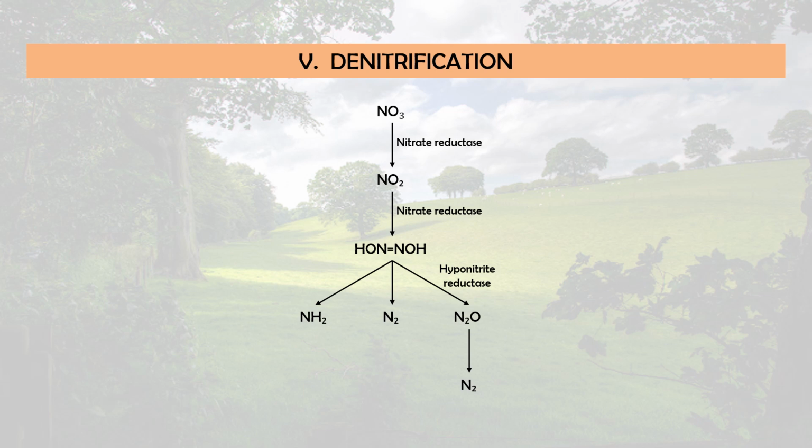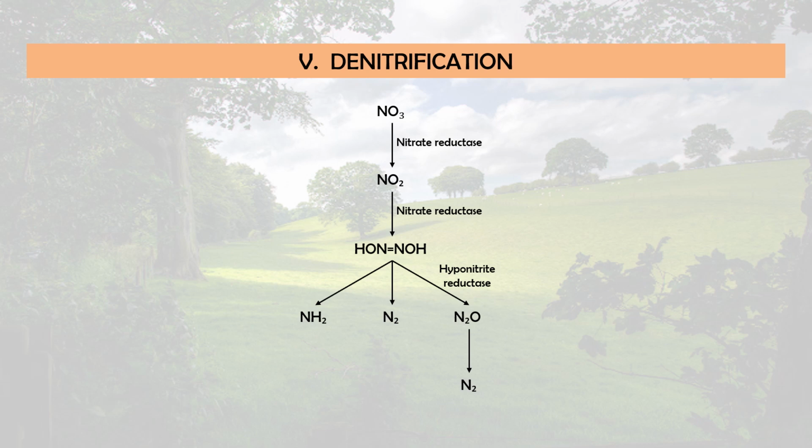In this process, many different kinds of facultative anaerobic bacteria are involved, like Pseudomonas, Paracoccus, Bacillus species, and Micrococcus denitrificans.